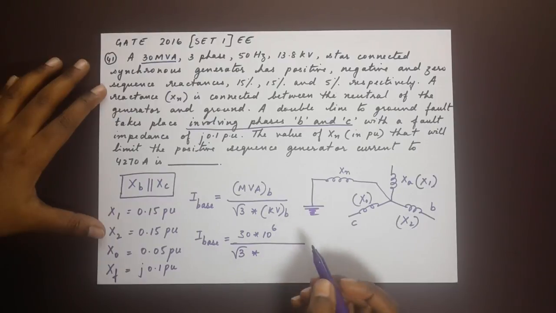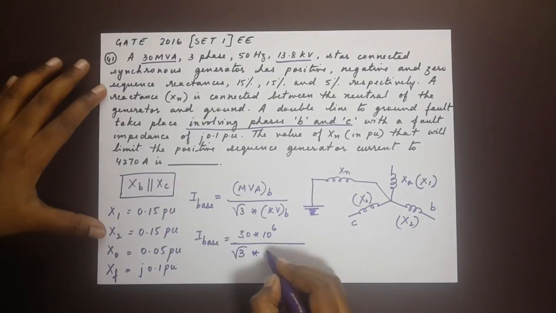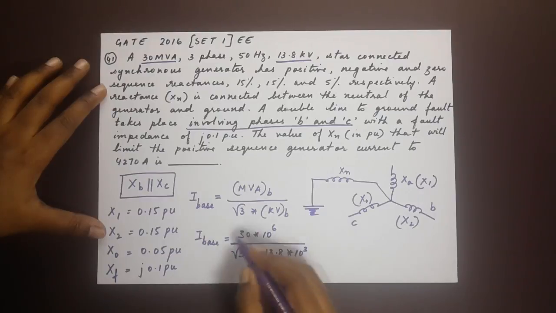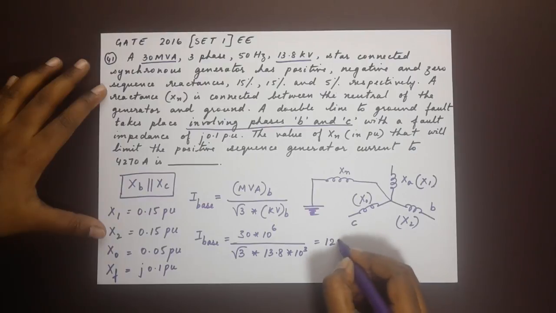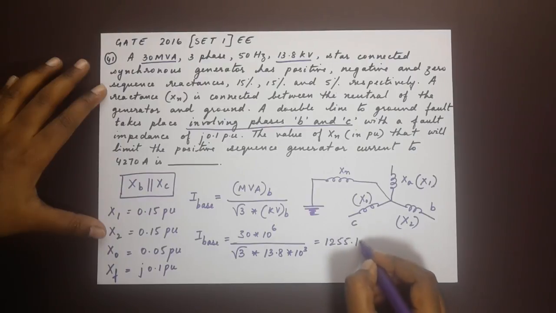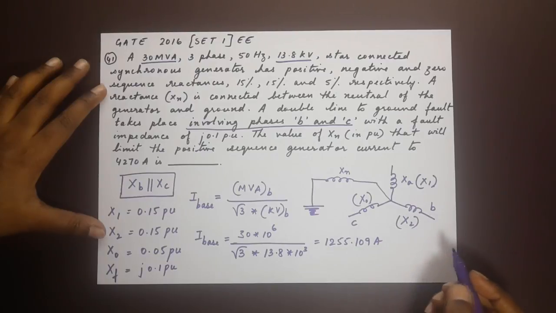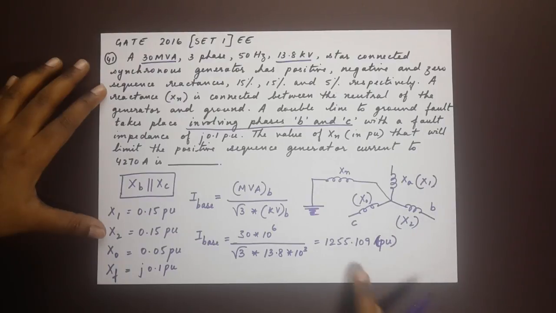The value over here is 13.8 kV, so we write 13.8 into 10 power 3. Now solving this, we'll get our base current as 1255.109 amps. This is base, so we write it in terms of per unit.